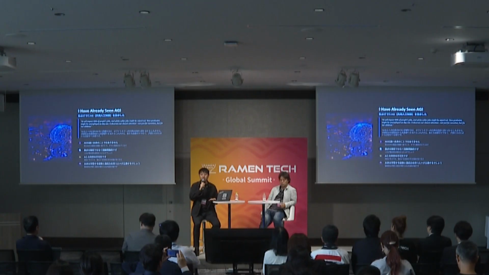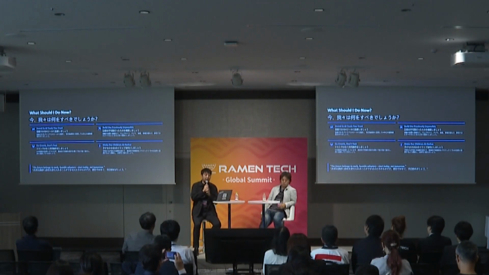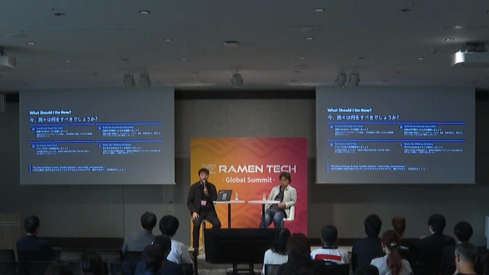So how we can get along with AI is a super important topic for many of us. I think everyone needs to invest time in AI starting now. We either get on the boat or we will be impacted. So it's super important to invest in AI.